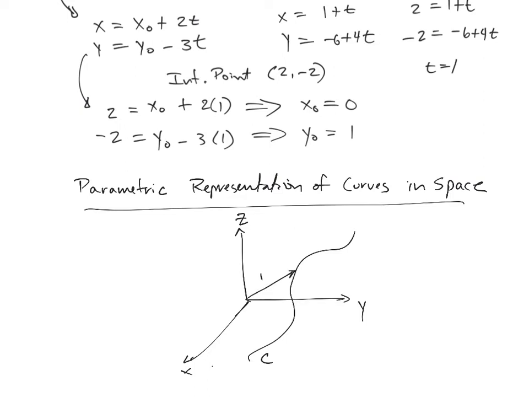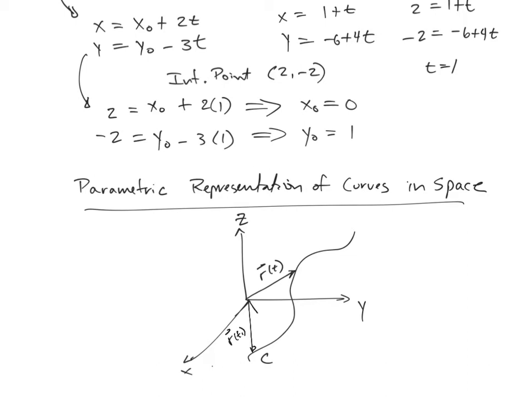A position vector, we're going to call it r, always starts at the origin, and the tip of the arrow is going to trace out this curve as the parameter t changes. t might mean time, it might mean something else. Time is easy to think of. So at some particular point in time, the position vector is going to look like that. Call that r(t1).